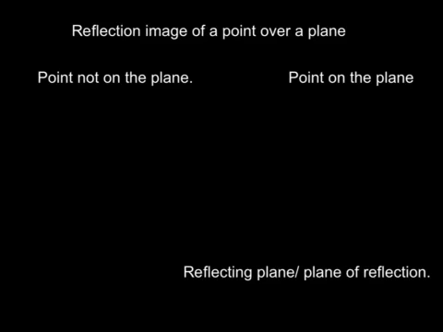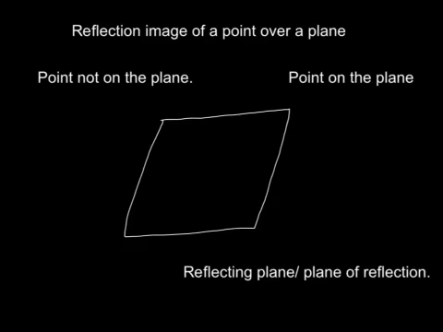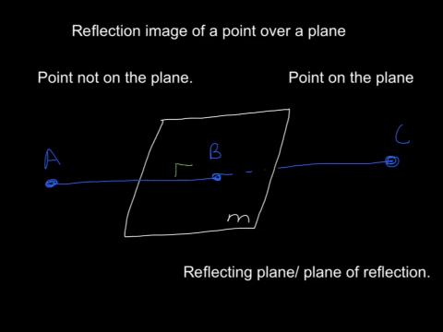If we think back to our picture from before, we have our plane here, plane M. We have our segment with point A, a midpoint B, and the end point C. And this is perpendicular with AB the same distance as BC.